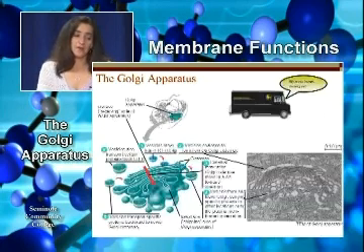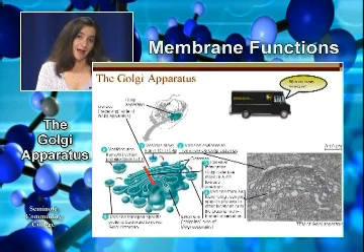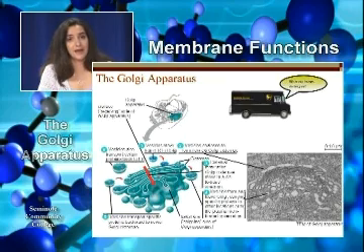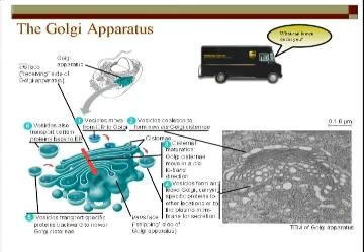The trans face of our Golgi apparatus is the shipping side of our Golgi. When we see this happening, it can actually fuse with the next membrane down on the cis side again, resort through them, repackage these proteins, and ship them from the trans surface again.